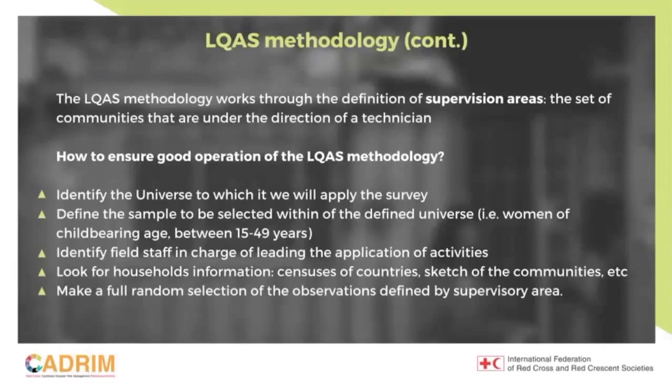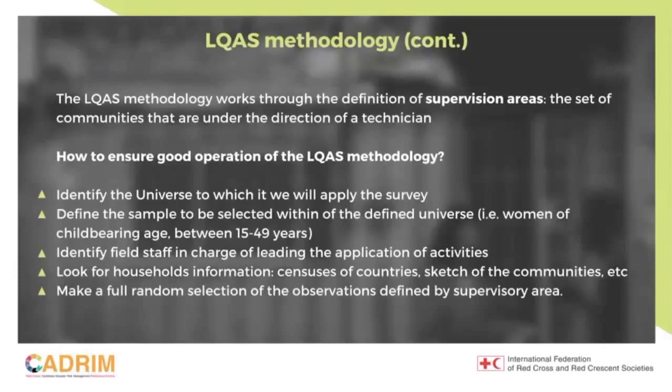Then we will look for household information. That means, as Paula also mentioned before, to have those community maps, the census of countries, the sketches of the communities, all the information that can tell us where the households are that we are going to interview, to map out later where we are going to do the surveys.